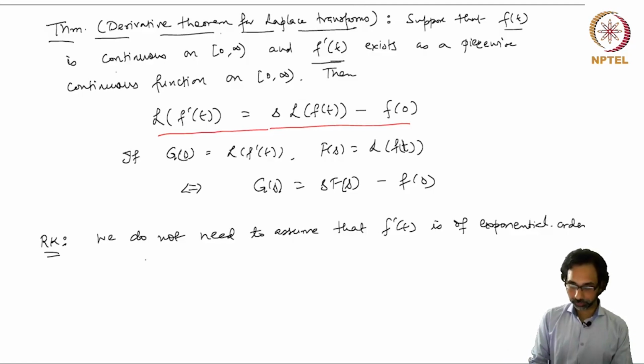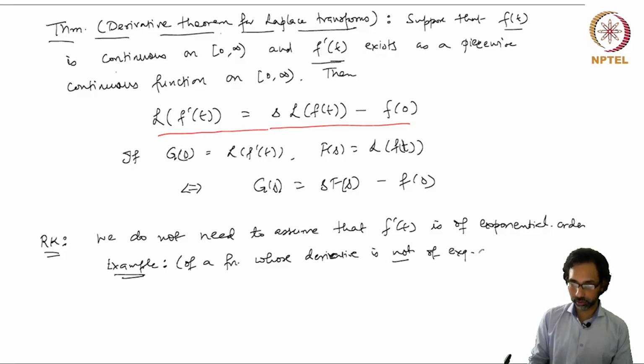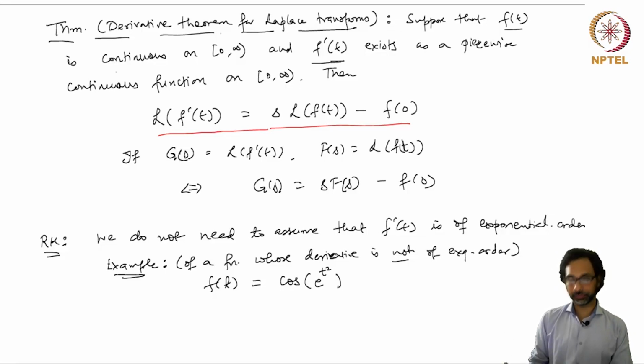So for example, let me give an example for a function whose derivative is not of exponential order. For example, I can take f t to be cosine of e to the power t squared.